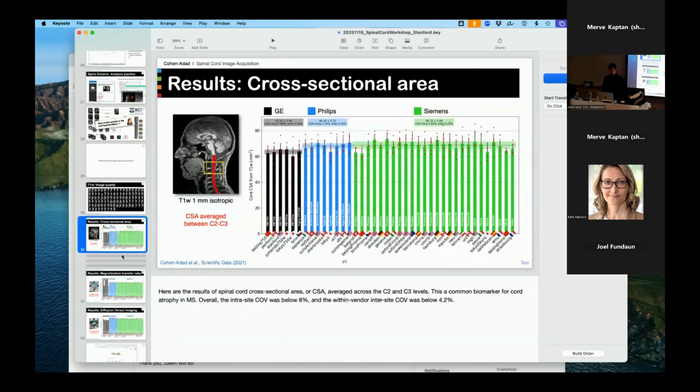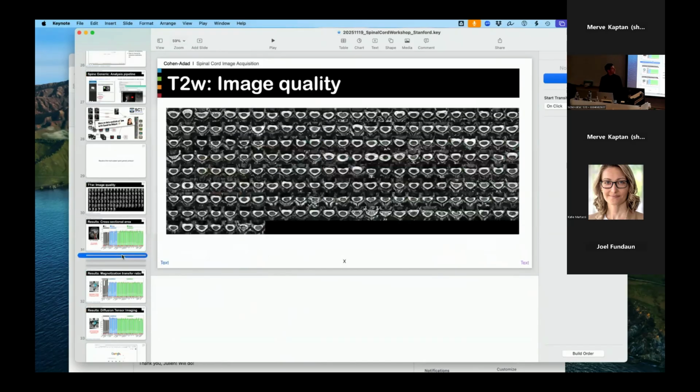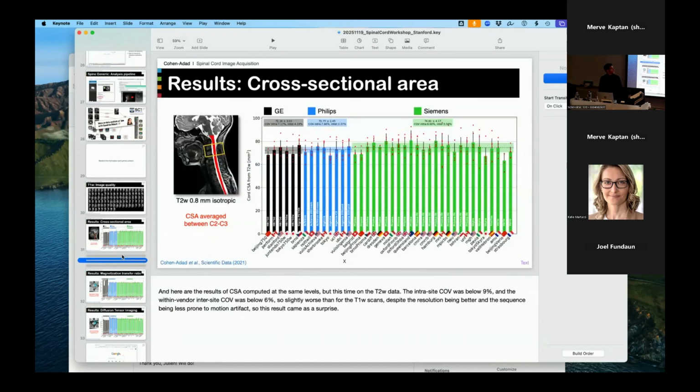So for the sake of time, I did not show it, but we have the same quantification for the T2 weighted images, and that's in the paper. We see less variation between vendors here. Resolution is better, it's 0.8. Maybe the contrast is closer between the three vendors.